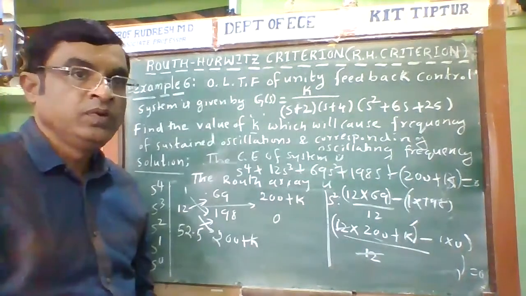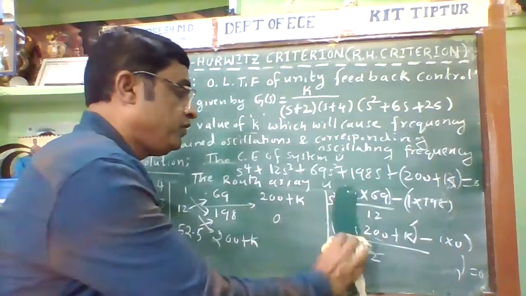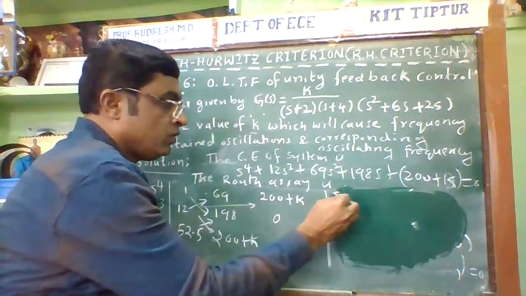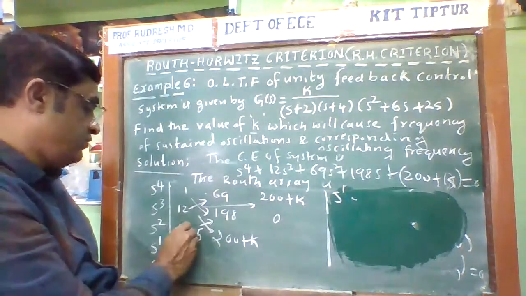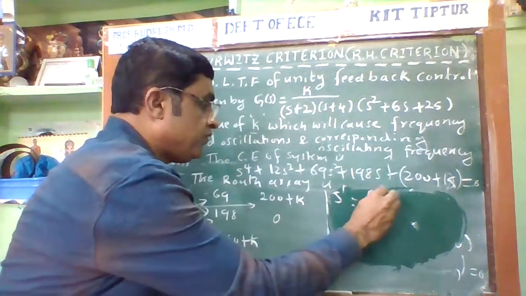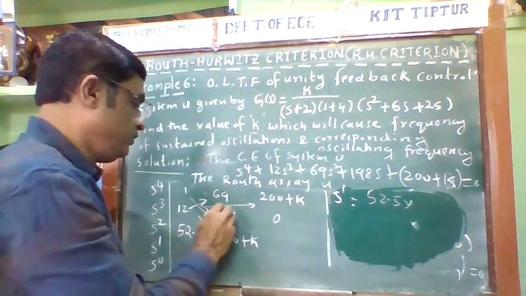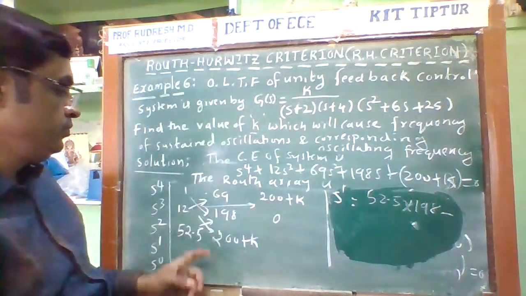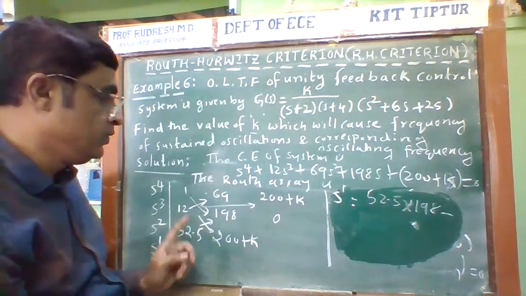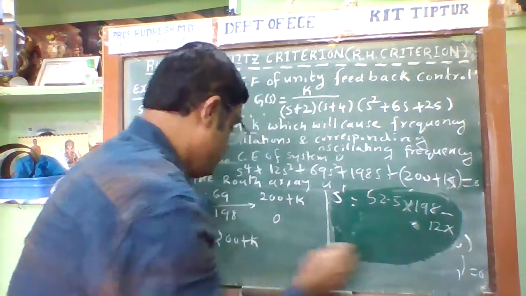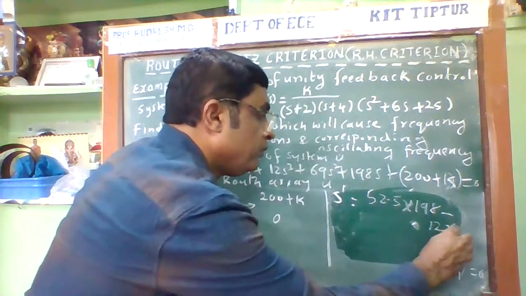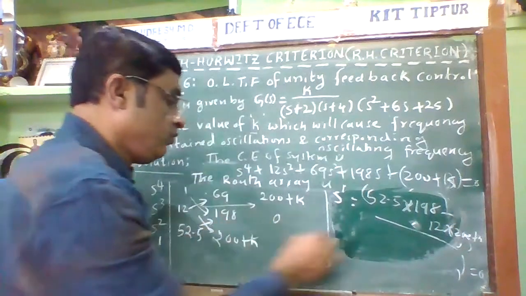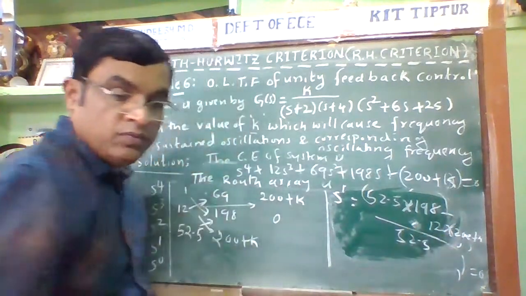Similarly, find the values of elements of the S to the power of 1 row. This can be found out by 52.5 into 198 minus 12 into (200 plus K), divided by 52.5.